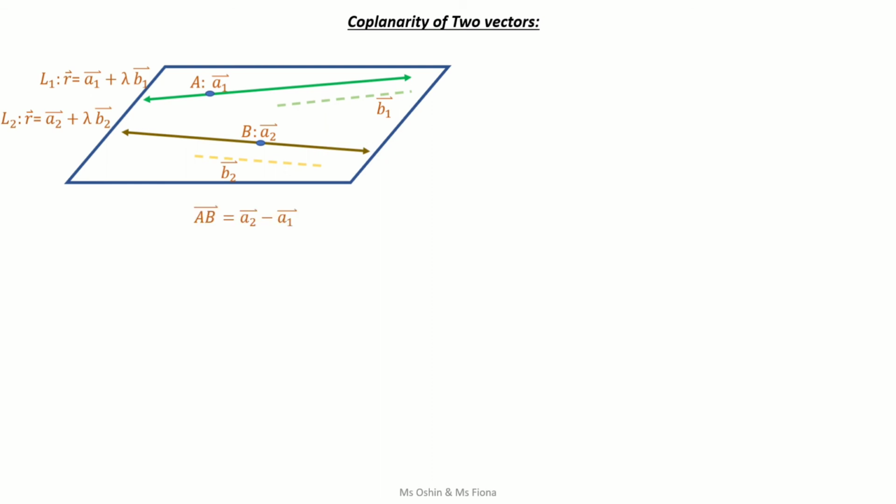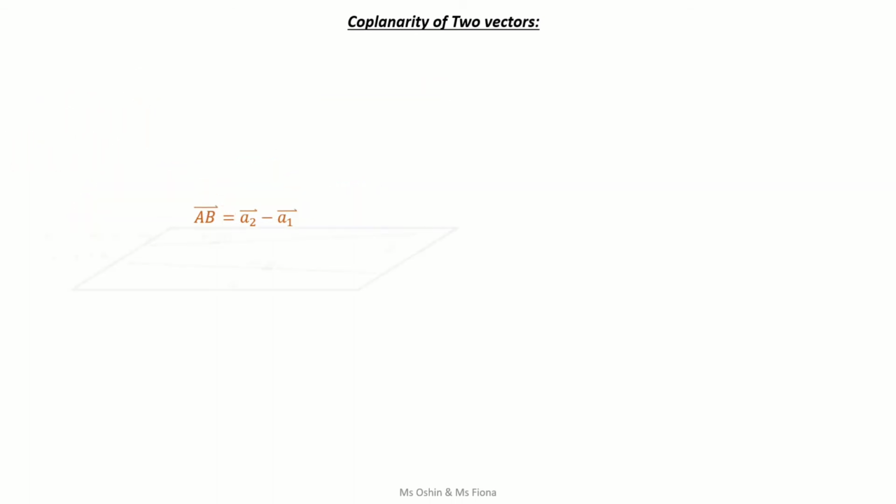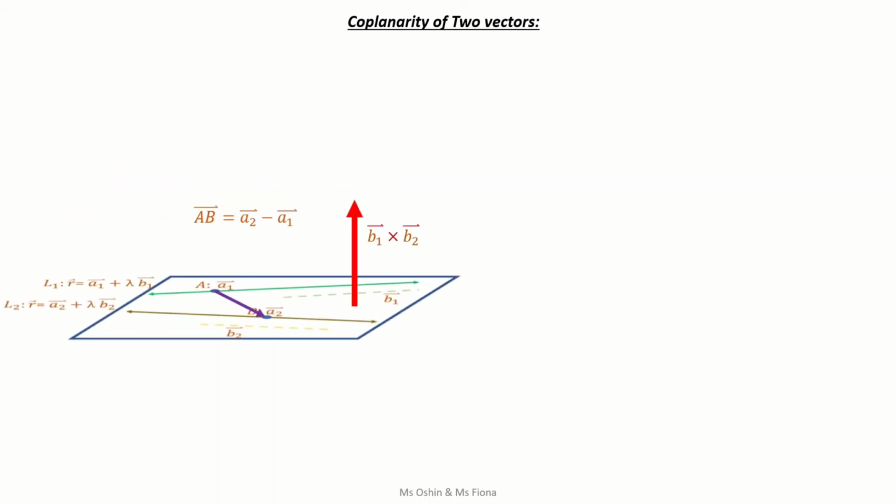AB vector will be OB vector minus OA vector, which is equal to a2 vector minus a1 vector. Now observe that vector b1 cross b2 vector will be perpendicular to the entire plane. Hence, it is also perpendicular to vector AB because vector AB lies on the plane.